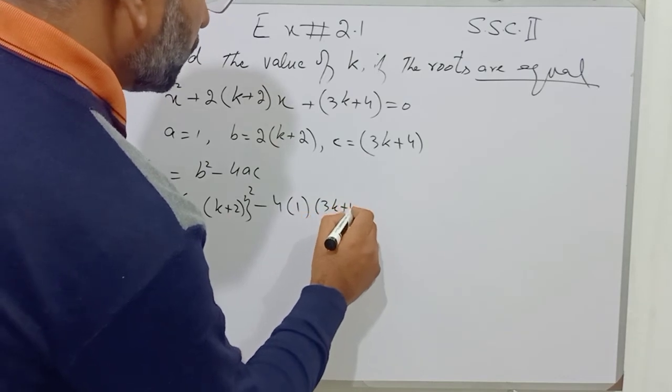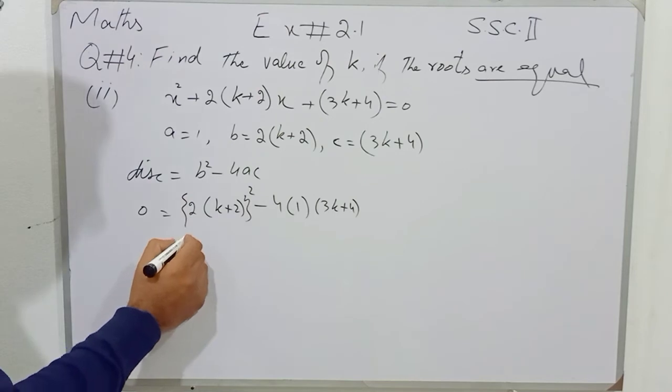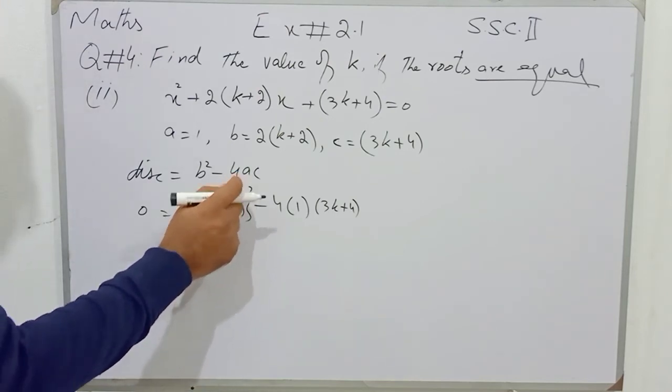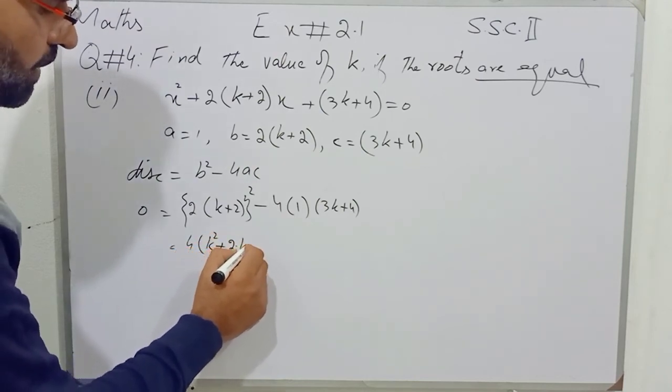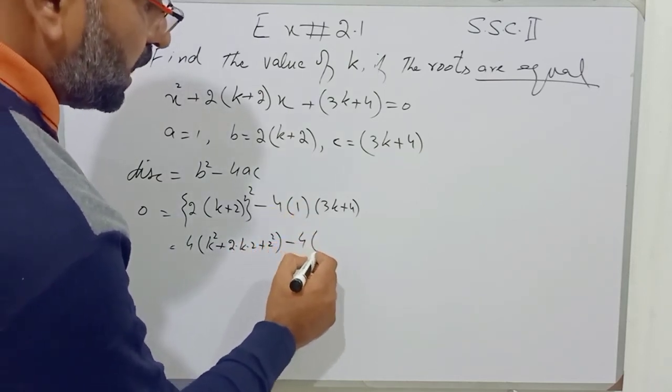Take the square of the first term, and 2 square means 4, and in this part we will apply the first identity, (a plus b) whole square is equal to a square plus 2ab plus b square, minus 4 ones are 4 into (3k plus 4).